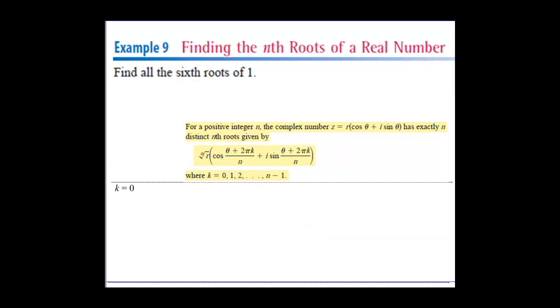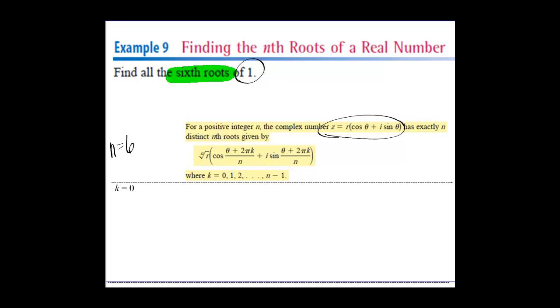In example 9, we're asked to find the 6th root of 1. The first thing that catches my eye is that it's a 6th root, so I know my n value is going to be 6. But looking at the definition from the previous slide, we need a number that's already in trig form, and this 1 is not in trig form at all.